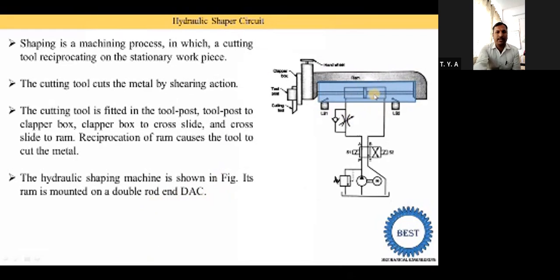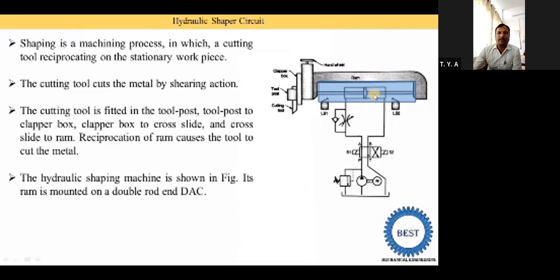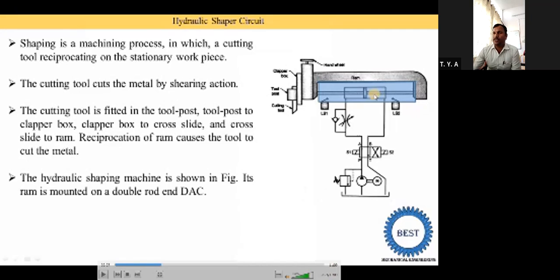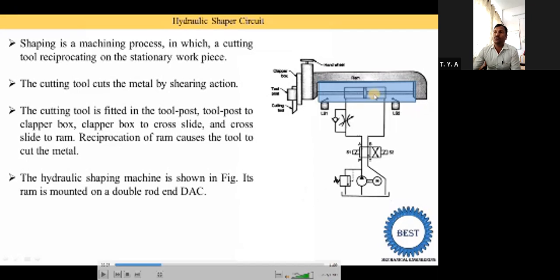The figure I have shown on that slide is simple to understand. If you see, this is a reservoir, and here we have the pump and motor arrangement. Through this pump you can suck oil from this reservoir and pass it to the 4x2 direction controller, which is operated by this solenoid.